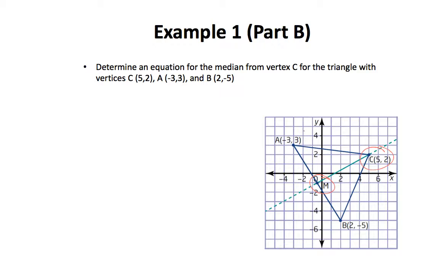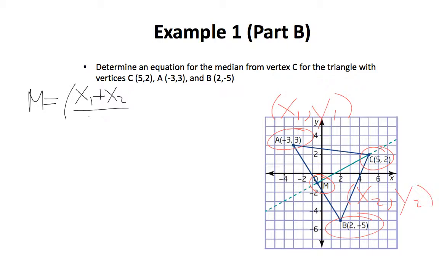Therefore, I'm going to arbitrarily call point A point 1 and label it (x1, y1), and I'm arbitrarily going to call point B point 2 and call it (x2, y2). The equation for midpoint is the sum of the x-coordinates divided by 2, and then the sum of the y-coordinates divided by 2.